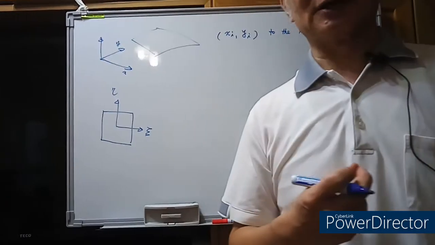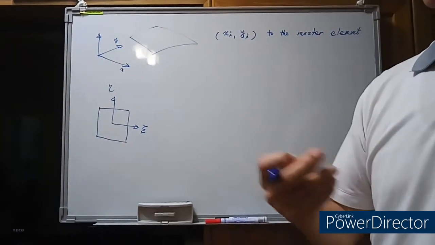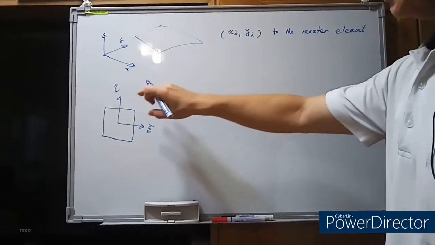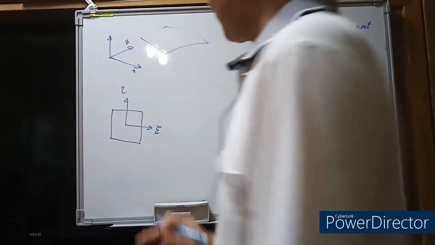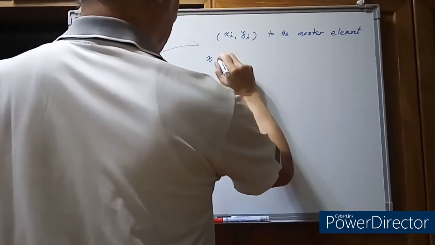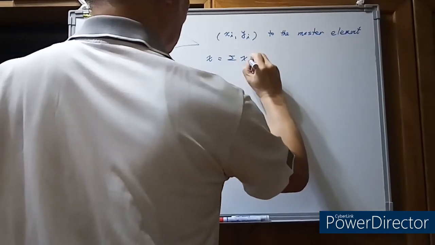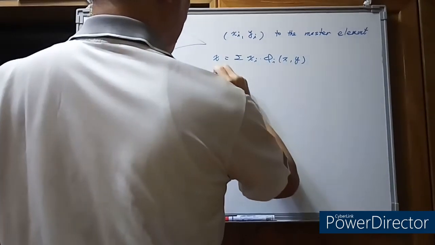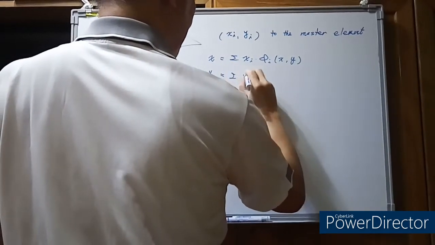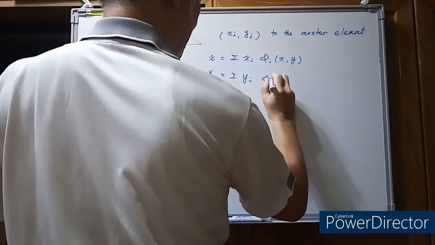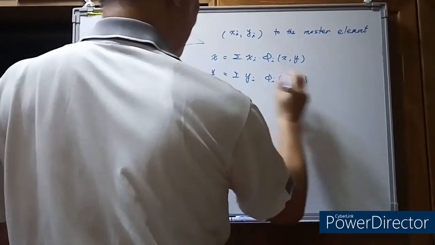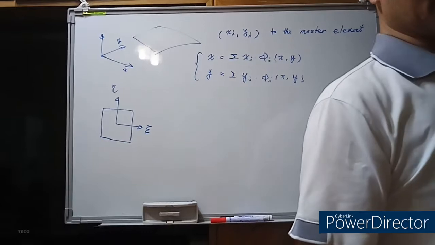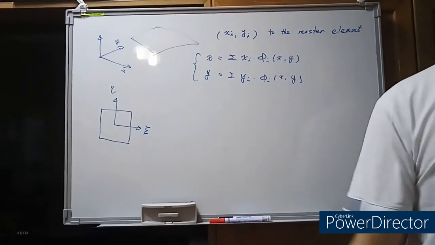Also, you can choose the serendipity shape functions. Then we have another set of the number of the nodes. After we send the nodal coordinates to the masked element, then we can establish two continuous x and y functions in the masked element.